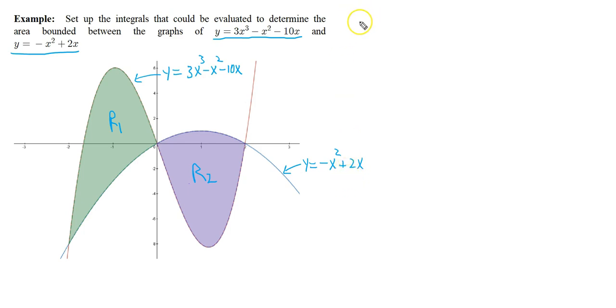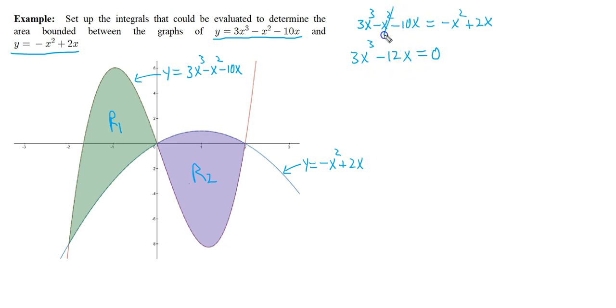So if we set them equal to each other, and then solve this equation, right, that's what we get.